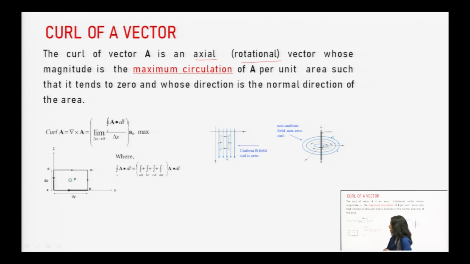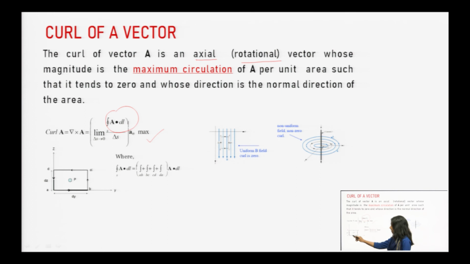Mathematically we can find the curl using this expression, where this is nothing but the circulation. So for any kind of configuration, first of all we need to find the circulation, then we can find the value of curl.